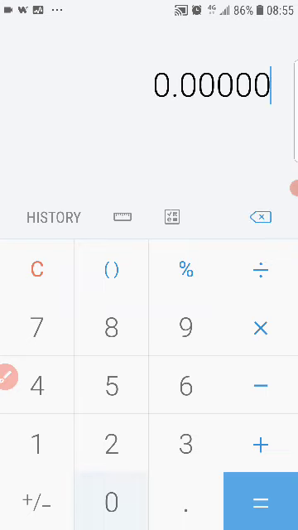Let's just complete this one. Okay, this is one Satoshi. So you have to learn this, especially those of us that will be going into trading. Most of your trade will be calculated in Satoshi, not in Bitcoin, because there's no way you will trade and make one Bitcoin unless you are using so much money to do the trade.